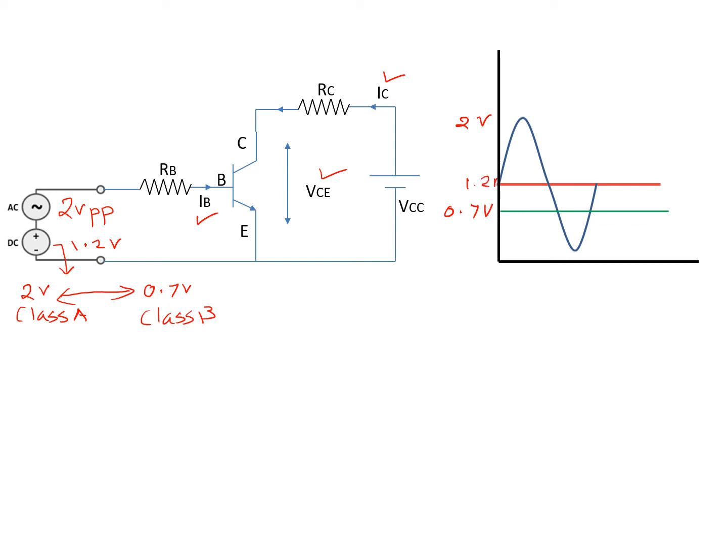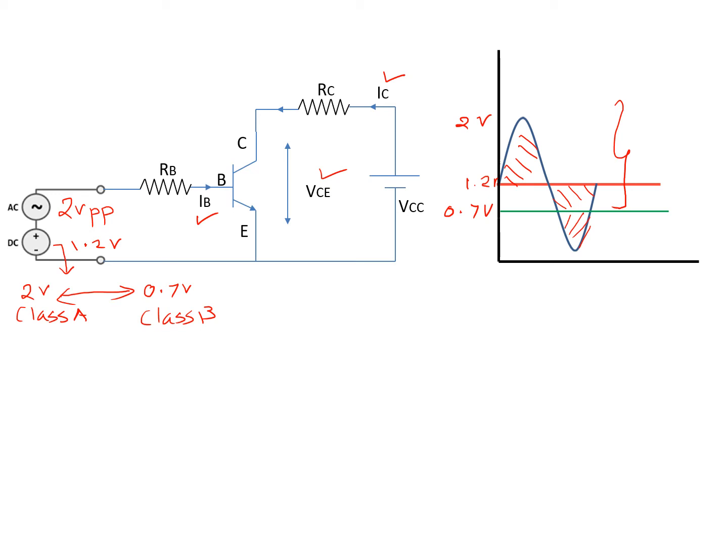Now you can see the waveform which is above 0.7 is this one. That means for this much of waveform, IB is flowing, and for this part, IB is not flowing.